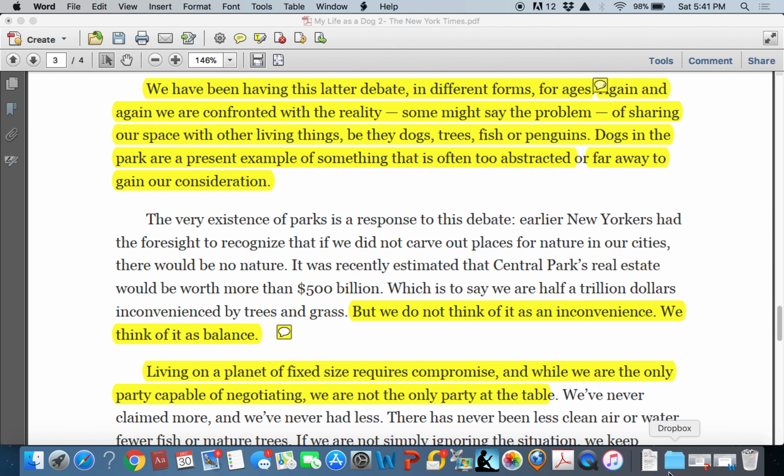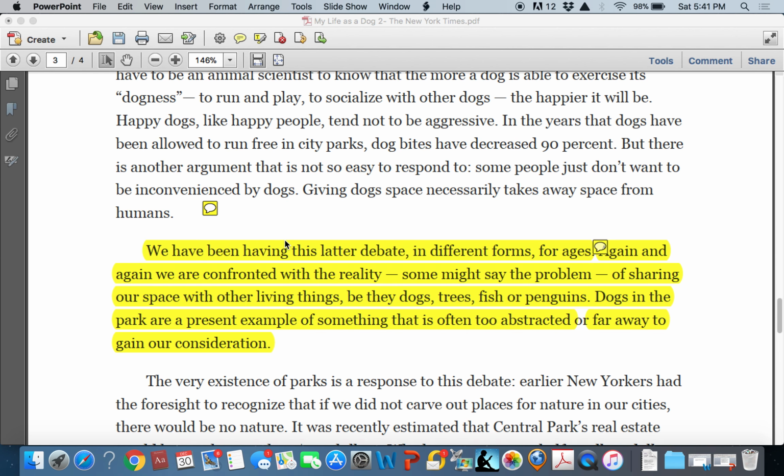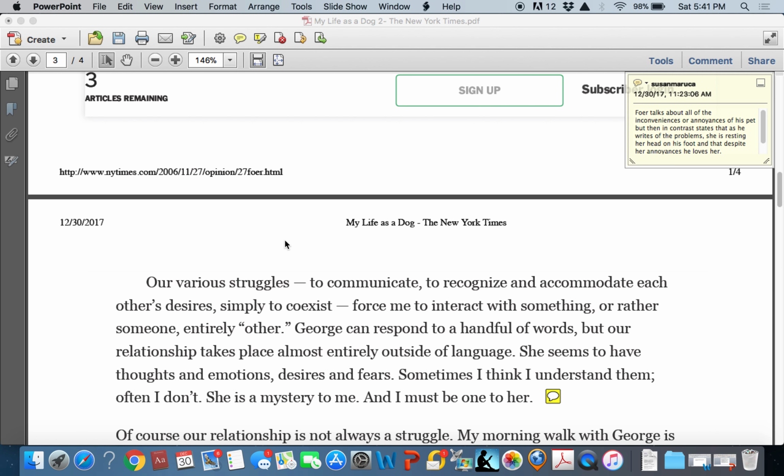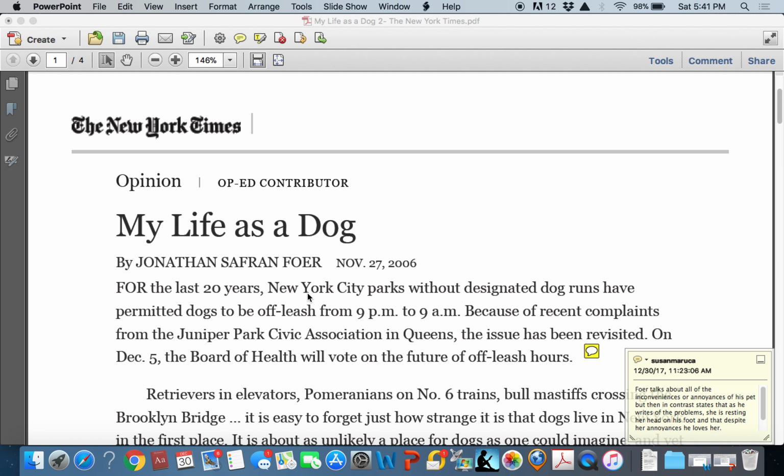And then again, turning back to these questions, looking at the idea of how the essay is organized, we can talk about that. How does the essay organize itself around the claim? Well, again, if you look at the essay, there is an idea of Foer talking about the issues.